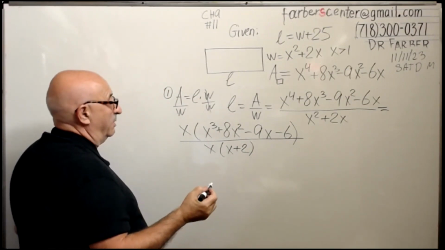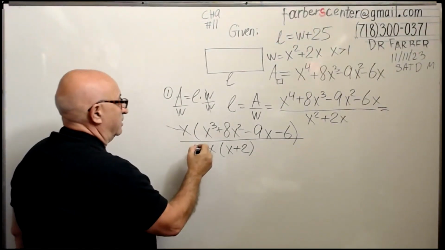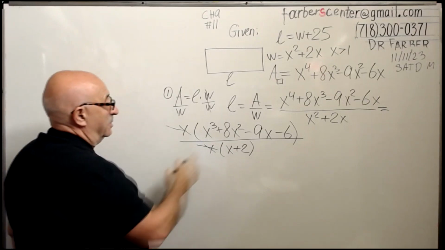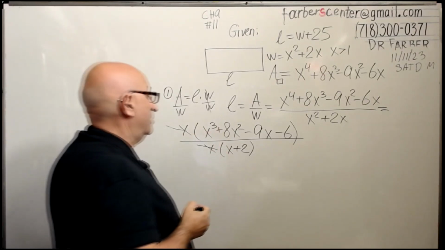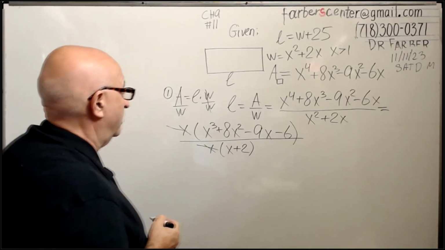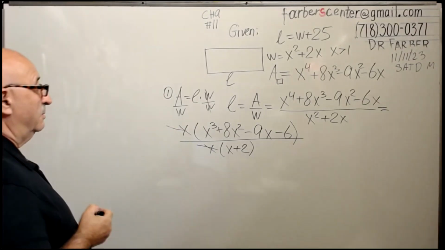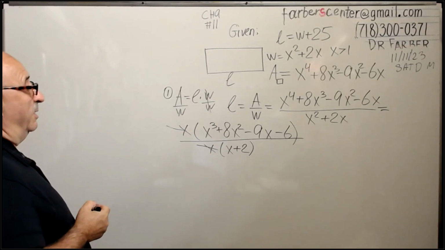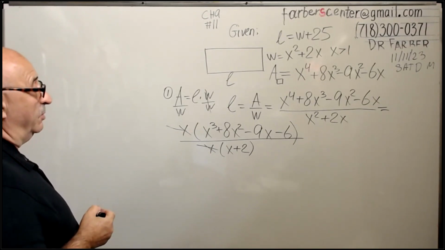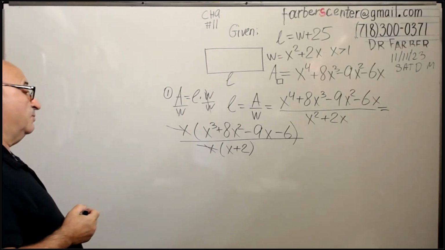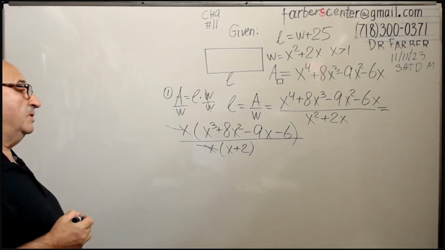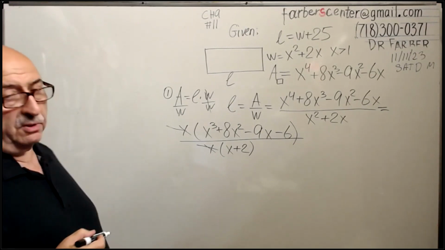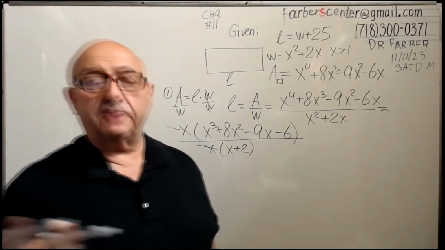Always, if you have a chance to simplify, cancel out this x. So actually, what are we supposed to do? You have to divide one polynomial by another polynomial. You can have different options, for instance long division or synthetic division, and sometimes synthetic division is much more efficient and faster.